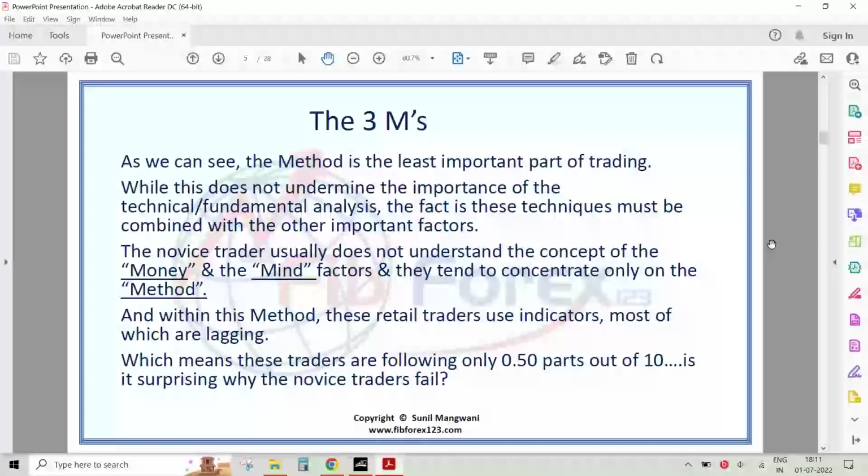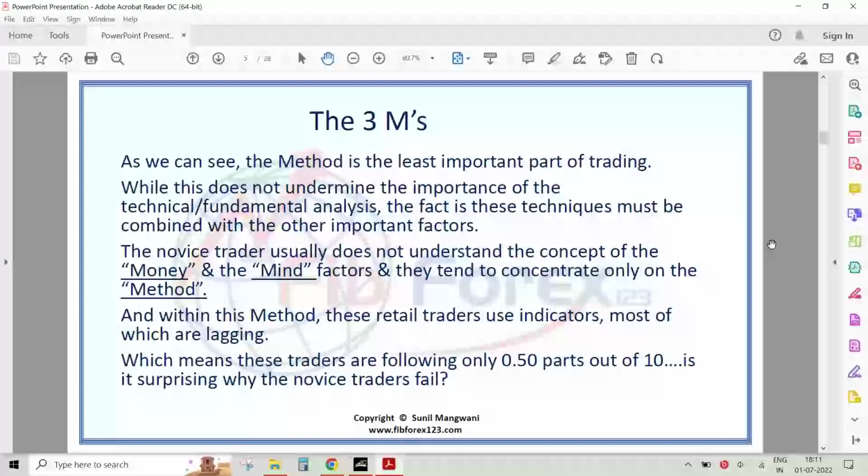And the retail trader, the novice trader, the new trader who generally comes into the market, does not really understand this concept. When new traders follow methods, most of them look at indicators, because that's what most trading systems tend to talk about, which means out of the 10 parts a new trader is following, I would say, only 0.5 parts.